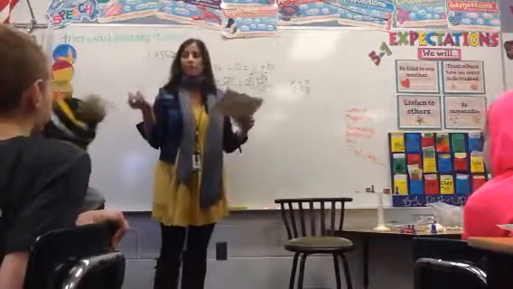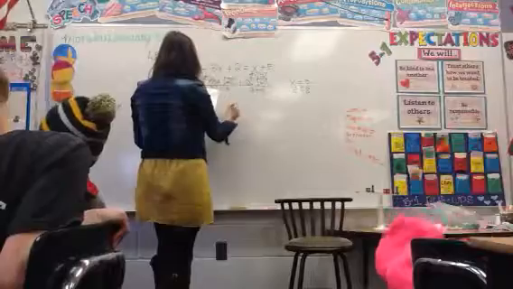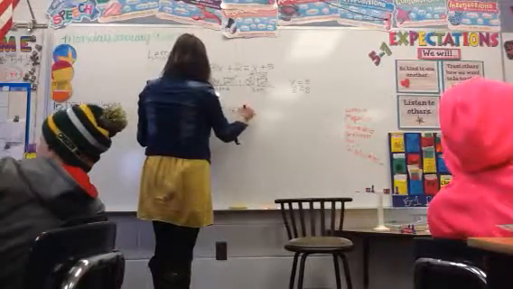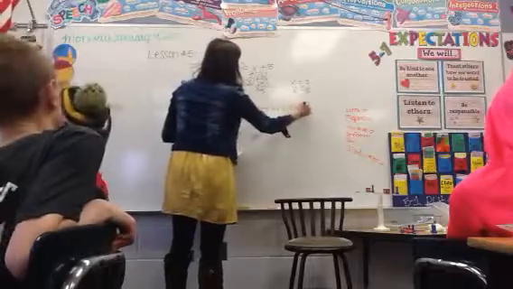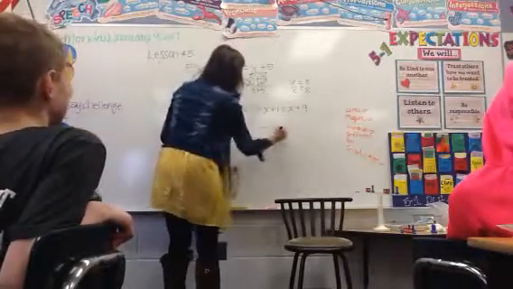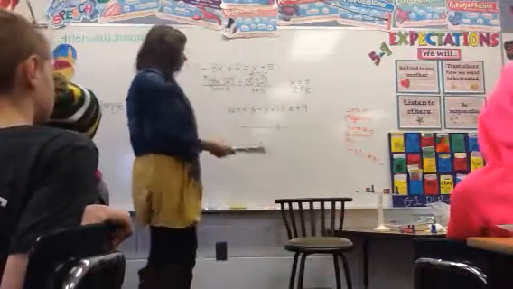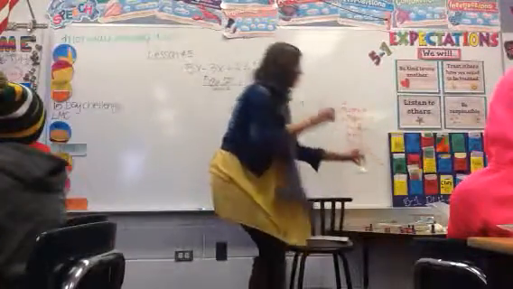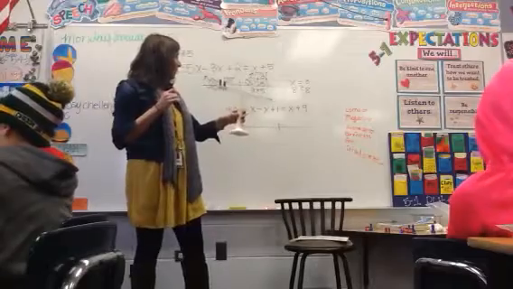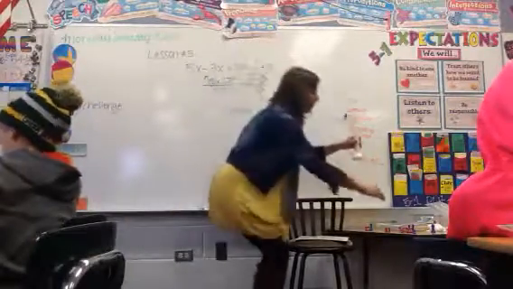Okay, take your hands off. Let me write the equation, and then we'll set it up. Okay, so this one says 2x. So go ahead and start with your 2 x's. And then it says plus x, so add on an x.